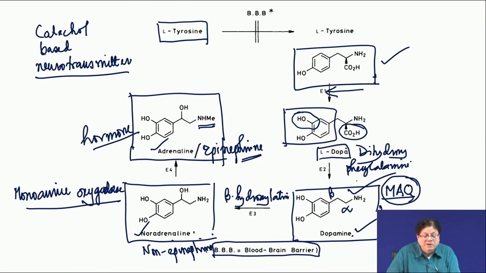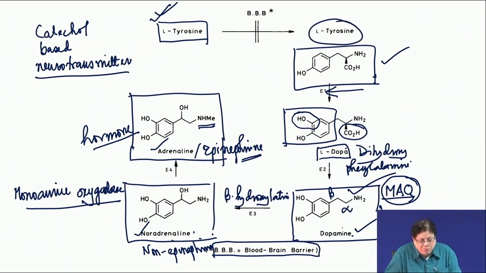One way is that you take more tyrosine. Suppose the tyrosine is not present in large amount. If you take more tyrosine, then tyrosine crosses the blood brain barrier and you maintain a higher concentration of tyrosine here, so that will be converted into dopamine.